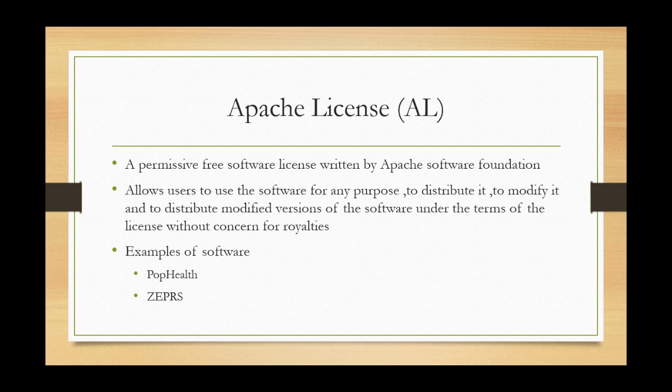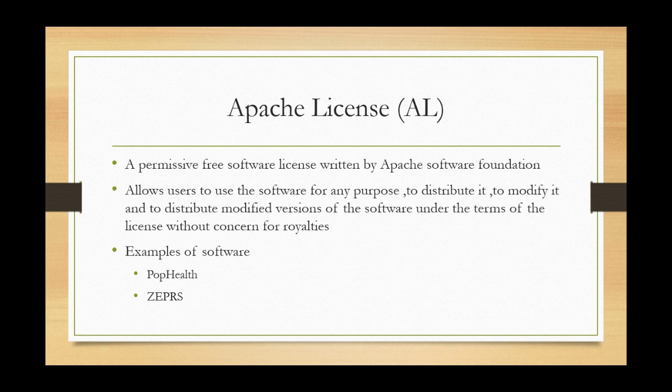It allows for distribution of modified versions of the software that fall under the terms of the license without any concern for royalties, any concern for fees, etc. The Apache Software Foundation and its projects release their software products under this license that is called the Apache license.